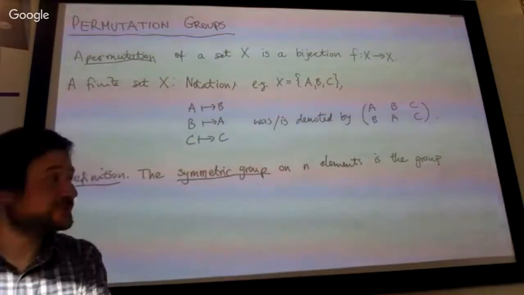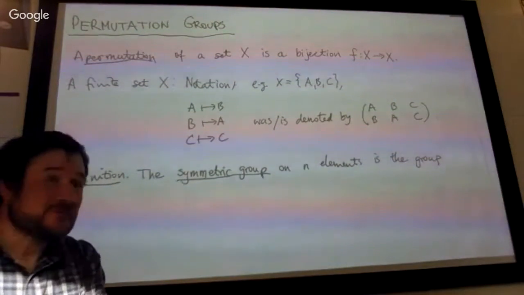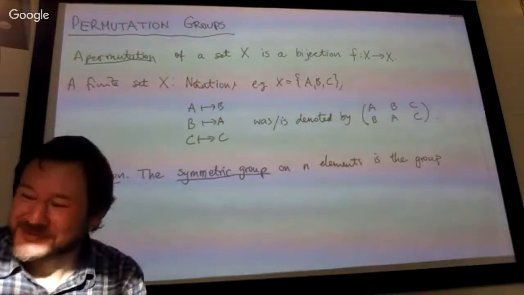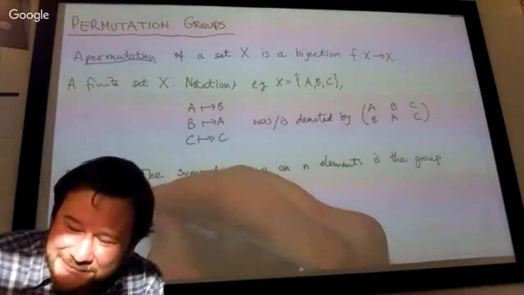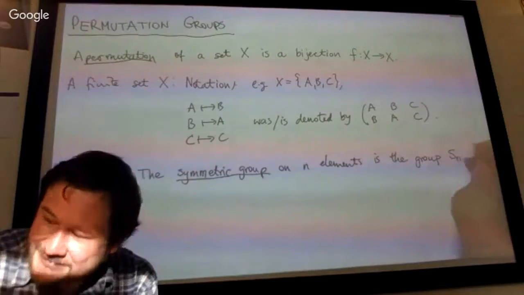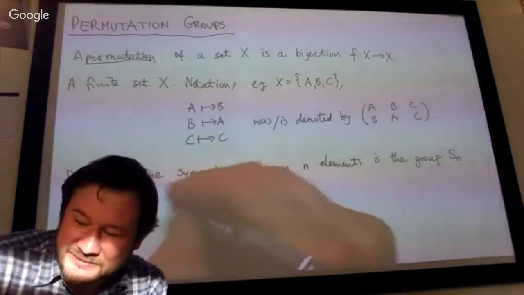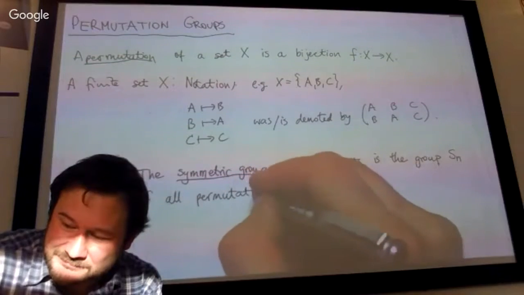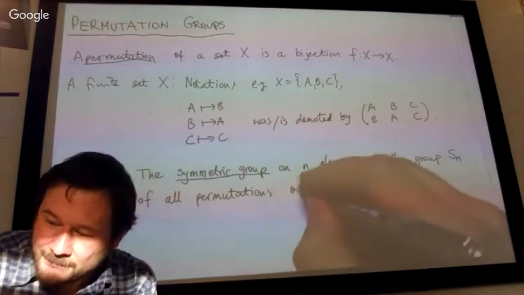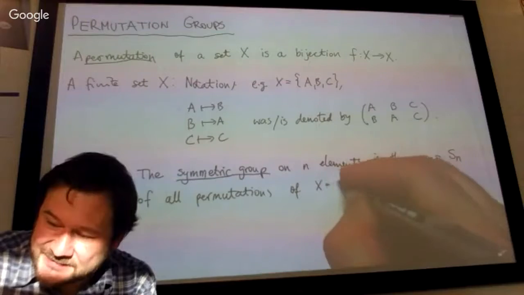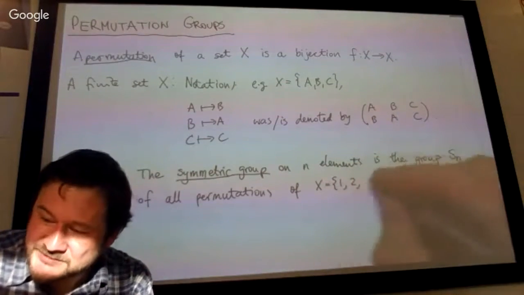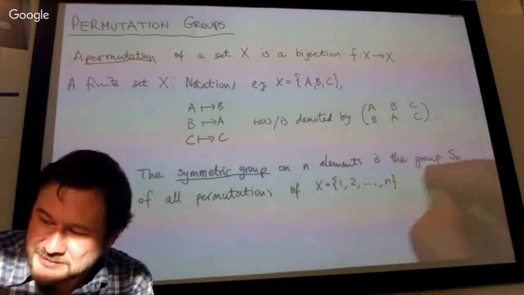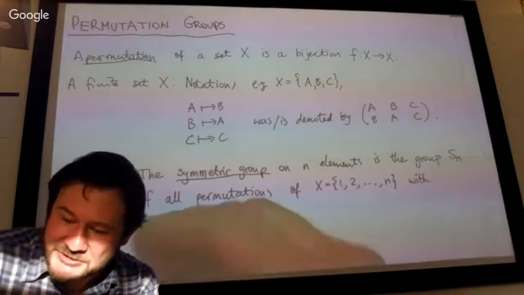I'm saying it's a group, but I'm just promising it's going to be a group. The group is called Sn, of all permutations of the set 1 to n with composition as the operation.